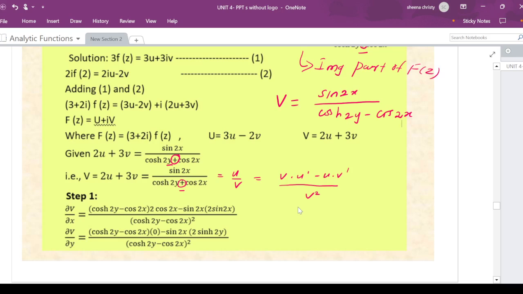We all know that cosh 2y can be written as (e^(2y) + e^(-2y))/2.